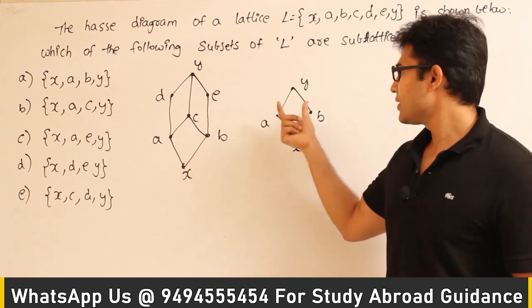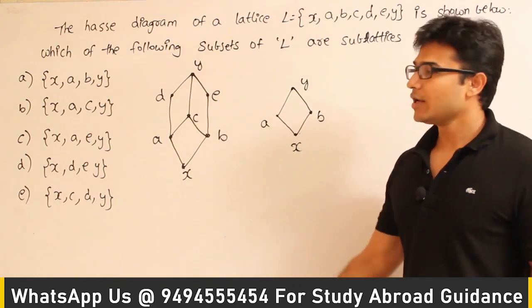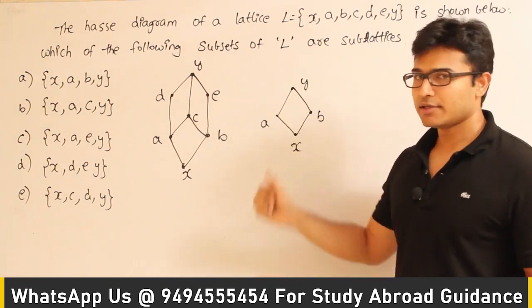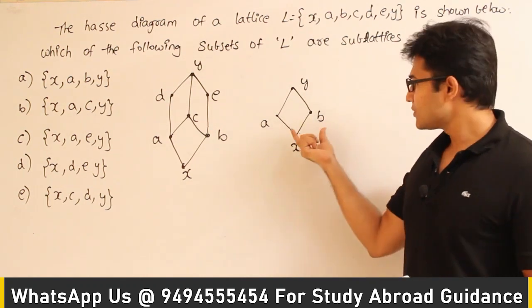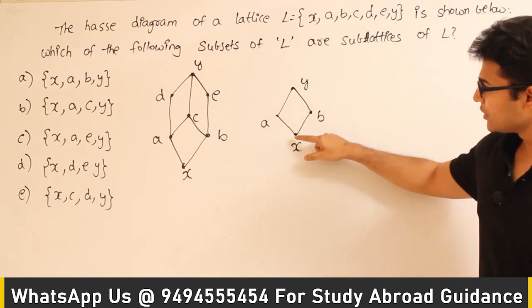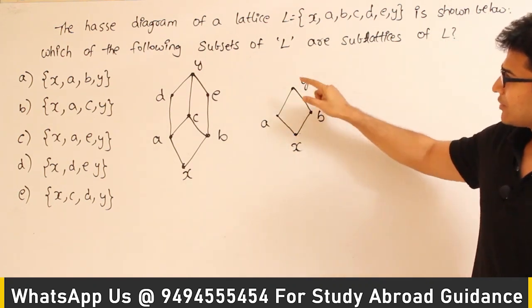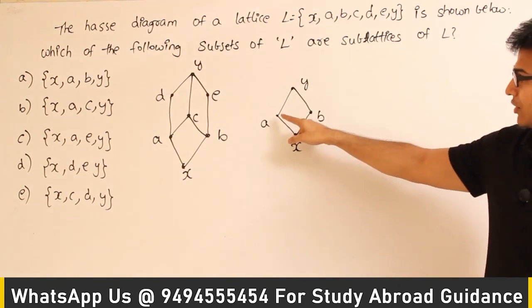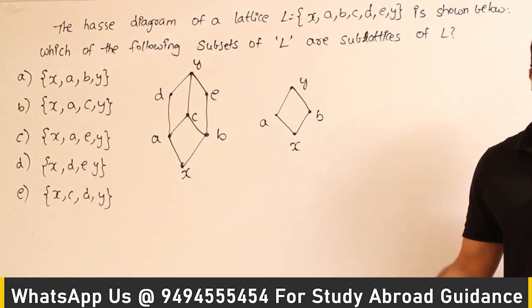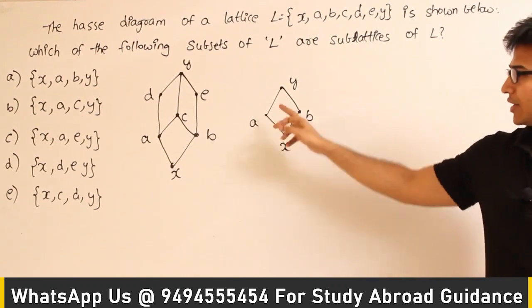If they are directly related, I am putting the edges here. If they are transitively related also, I am putting the edges here. But I am not putting the transitive relations if they are implicit. For example, I could have put the edge between x and y, but I am not doing it because it is implied there. But if I don't put an edge between a and y, it will not be implied by any other means. That is why I am putting an edge.